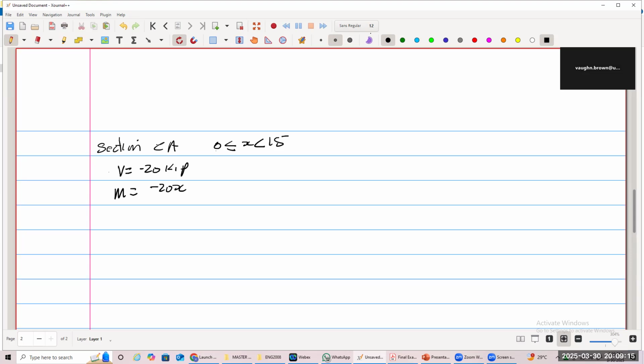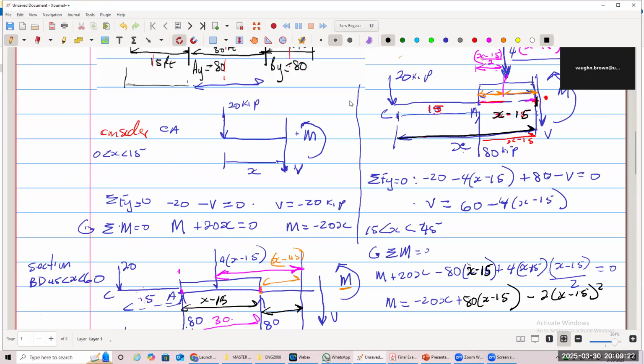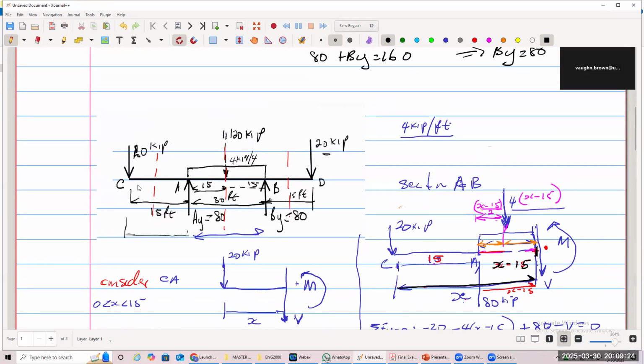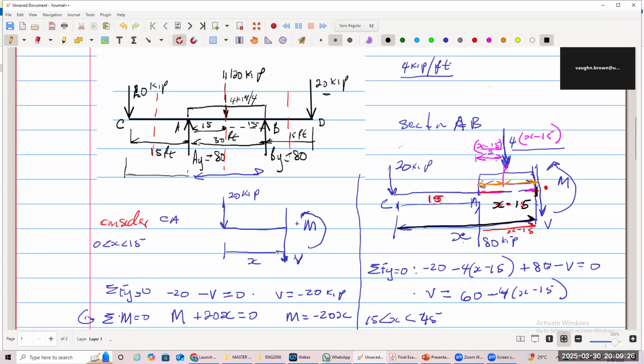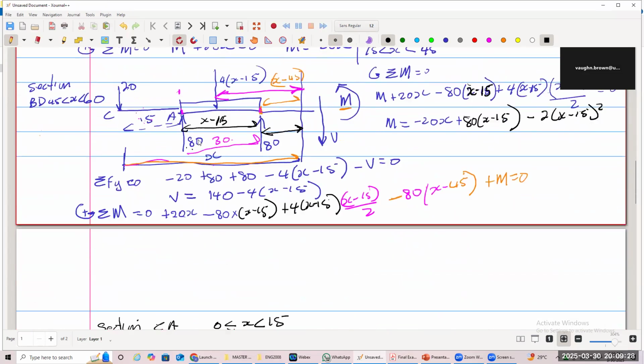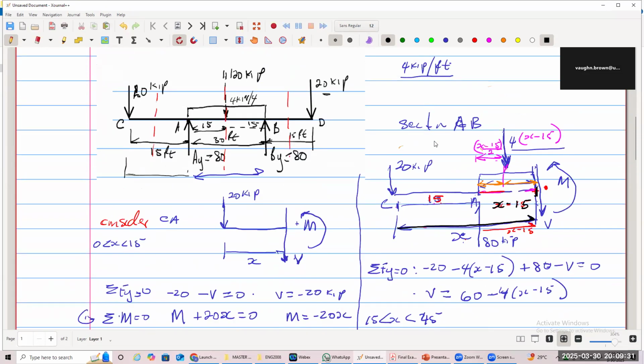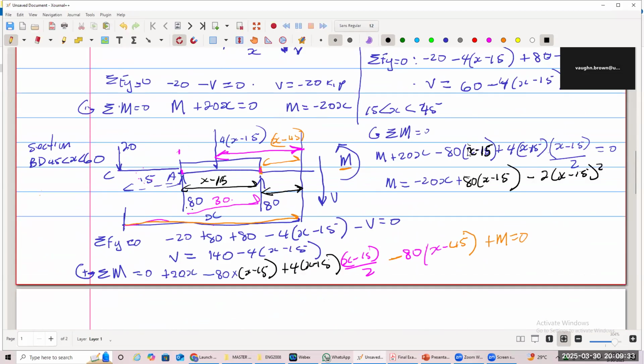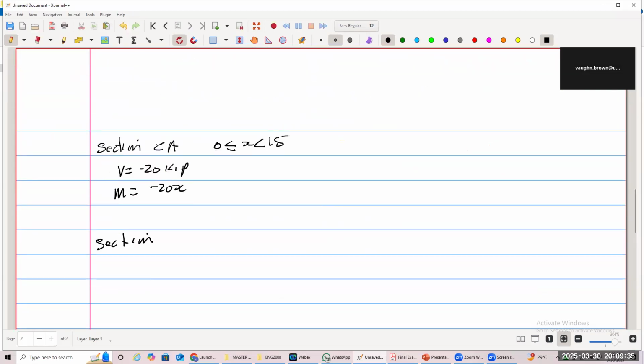For the next section, what do we call that again? We have CA and we have AB. So AB was over here. Let's write down the AB expression. AB was between 15 and what, 30?